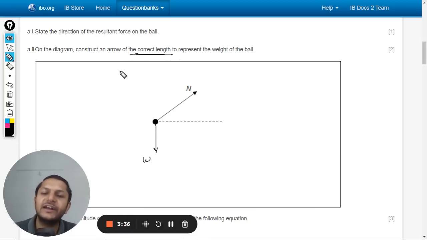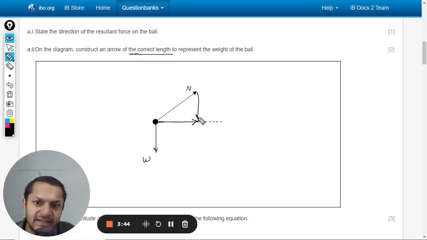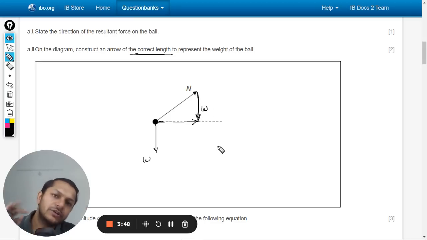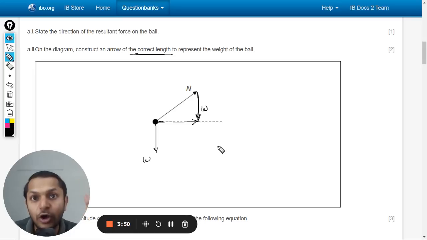But the question is about the correct length. How are you going to find the correct length? You see, the resultant of the force was coming out to be this. It only means that this should be the weight, isn't it? Because you must be remembering the triangle law of vector addition that you might have done in topic 1. So this is the resultant force.